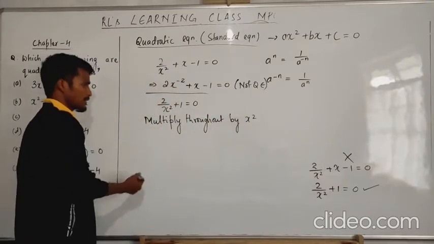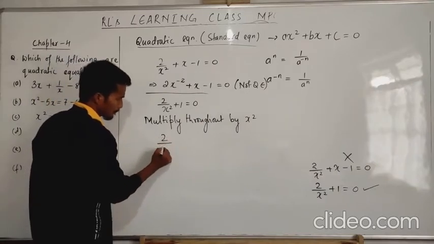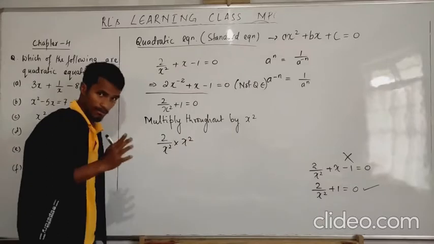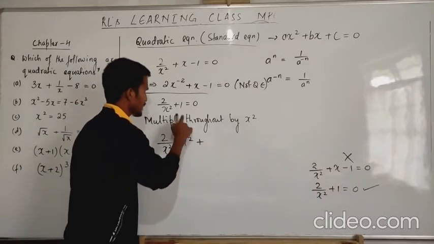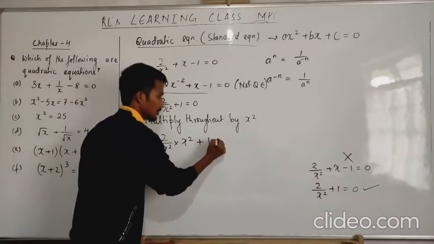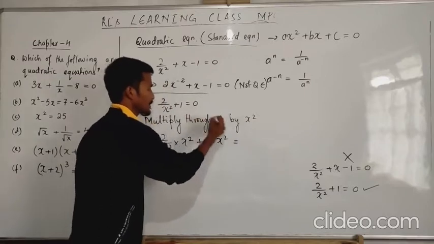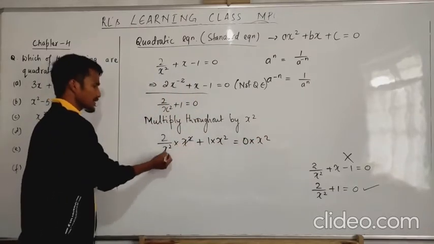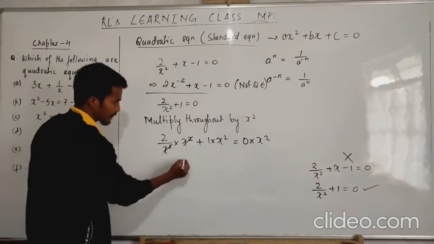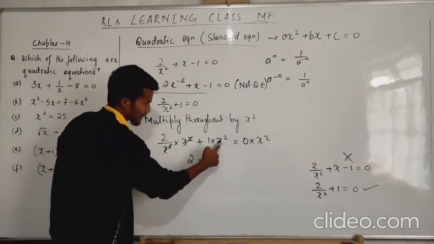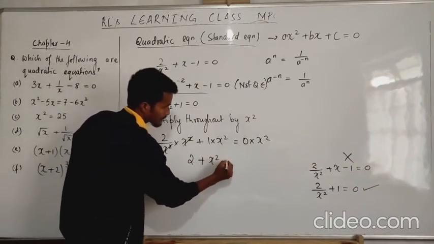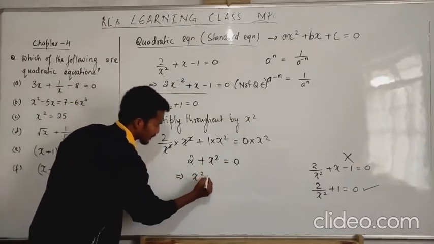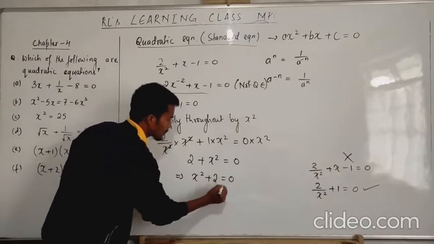Now if I multiply, 2 by x square into x square, and plus here 1, and 1 into x square equal to 0 here. And here x square and x square cancel, so we got only 2, and plus x into 1 will be x equal to 0. Then we got here x square plus 2 equal to 0.